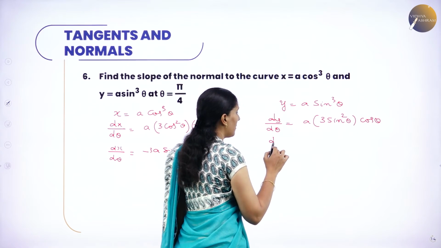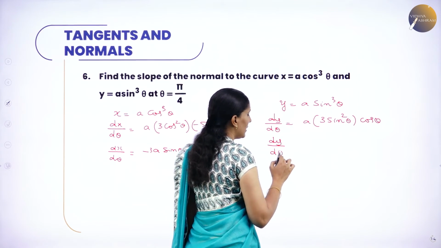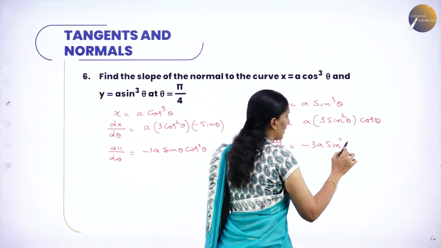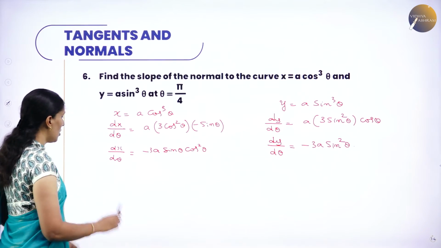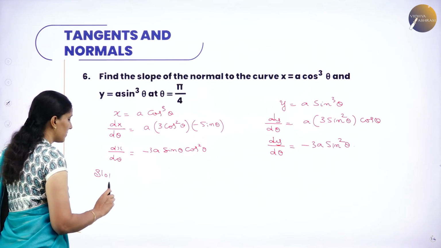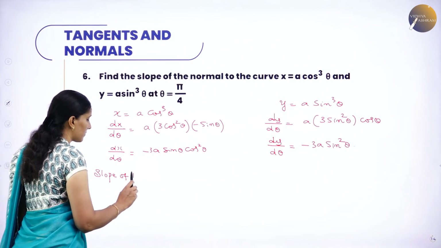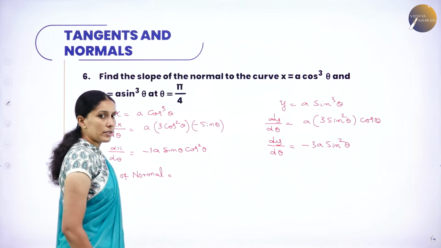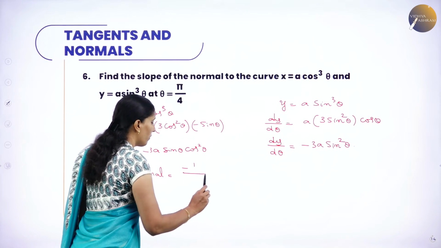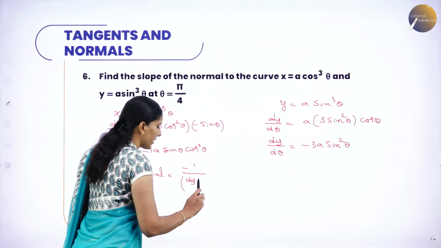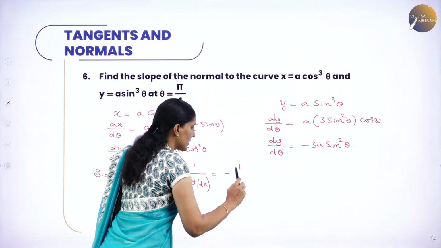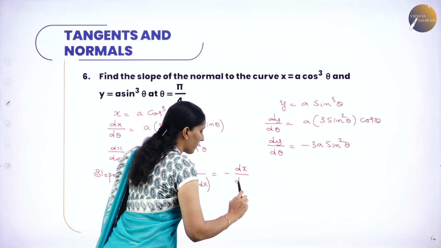So therefore we get dy by d theta is equal to 3a sin square theta cos theta. Now here slope of normal is nothing but minus 1 over dy by dx, correct? So this can be written as minus dx by dy.